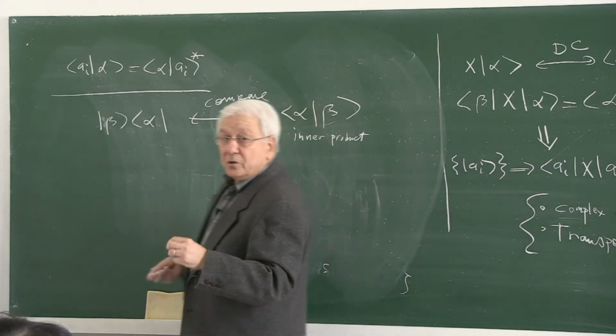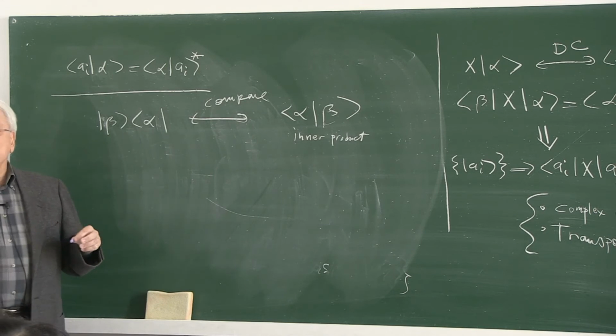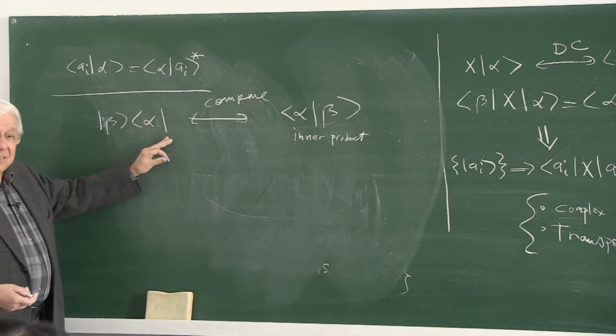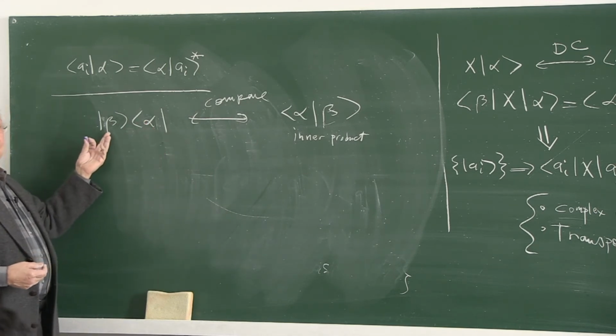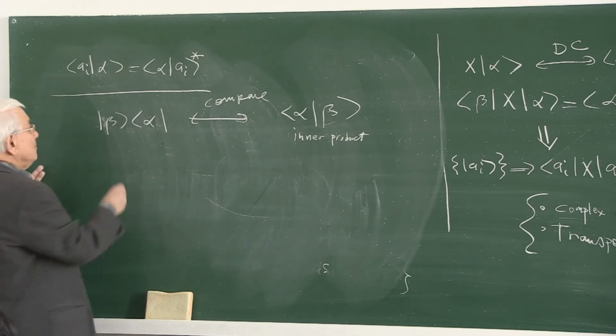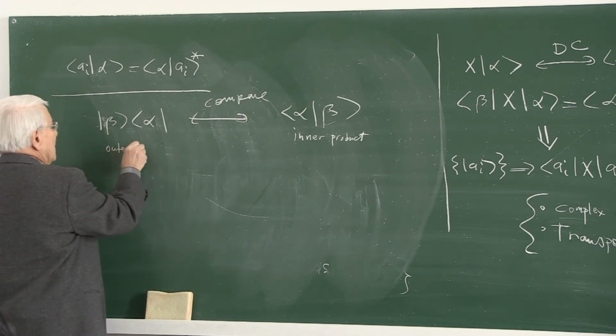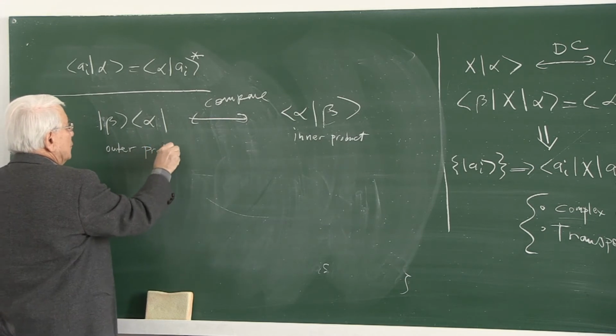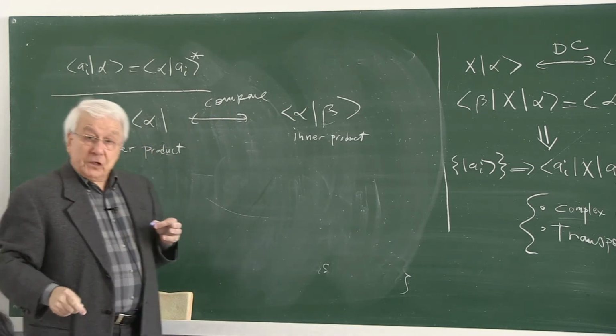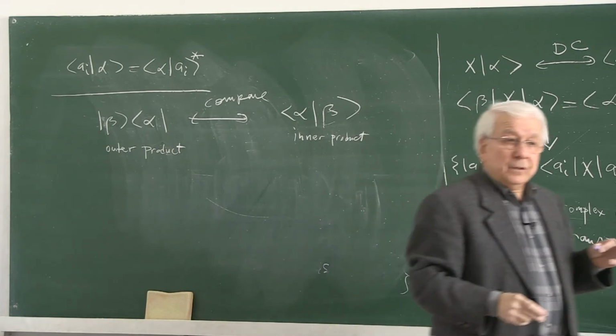And this is the outer product of two kets. The outer products are defined by taking that ket and its bra, but you put the ket first. The details of it were discussed, and we have shown that it indeed acts like an operator.